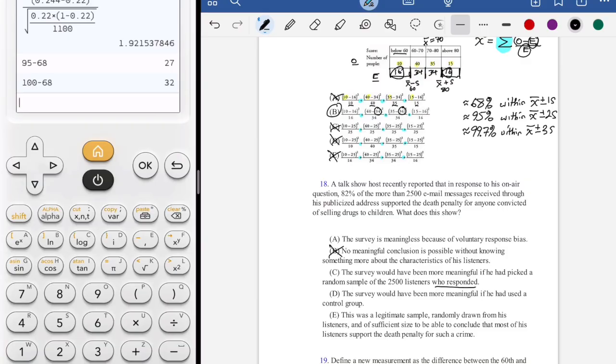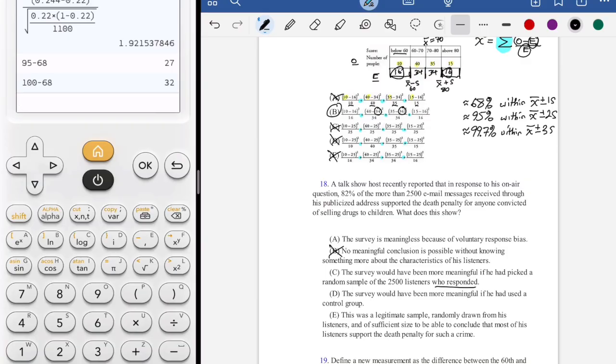This looks like self-selection. Recently reported in response to an on-air question, 82% of the more than 2,500 email messages received. It doesn't even seem to be a poll. This could conceivably be him just posing a question and then people searching up his email and sending their response.